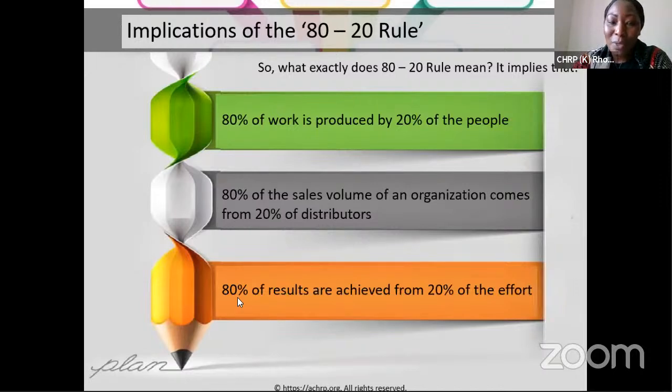The other statement we have is 80% of the results are achieved by 20% of the effort. That you can put in all the effort, but only 20% of your effort will give 80% of the results. Again, that is true. Let's continue.